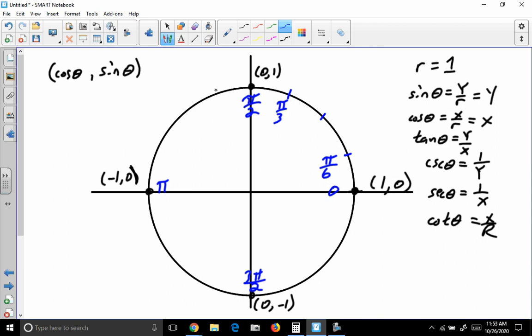This would be 3 30s, 4 30s, so 4 pi over 6, 5 30s, so 5 pi over 6, 6 pi over 6, 7 pi over 6, 8 pi over 6, 9 pi over 6, 10 pi over 6, 11 pi over 6, and then we'll be back to where we started, which is 2 pi.